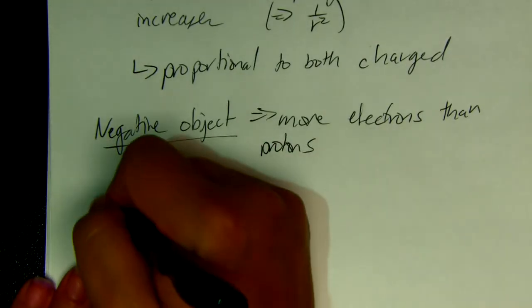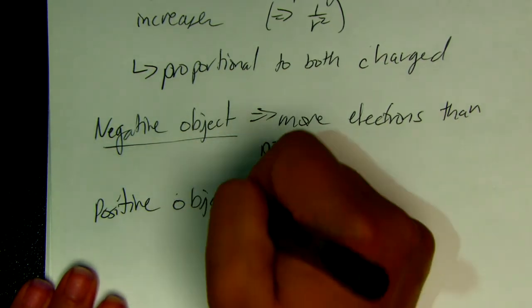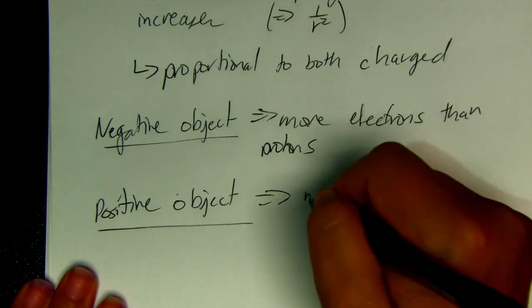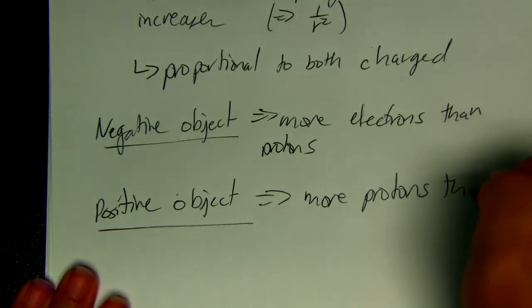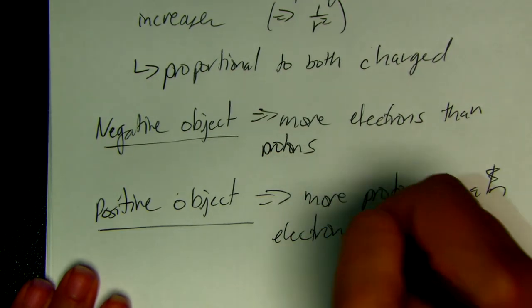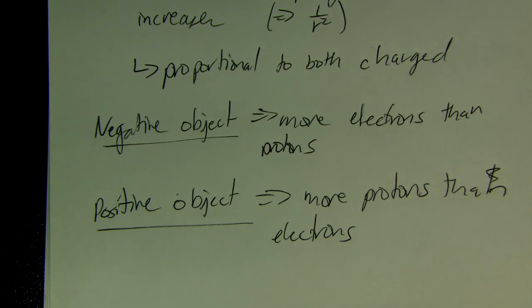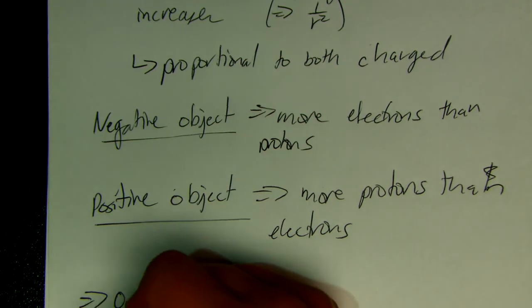And a positive object has, you guessed it, more protons than electrons. And one way to transfer charge is through contact.